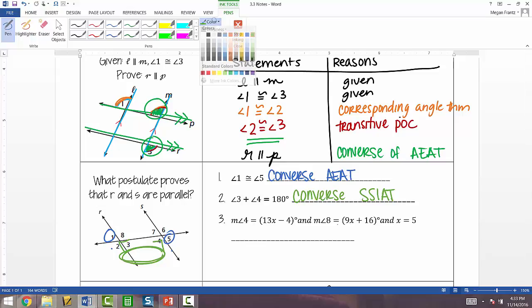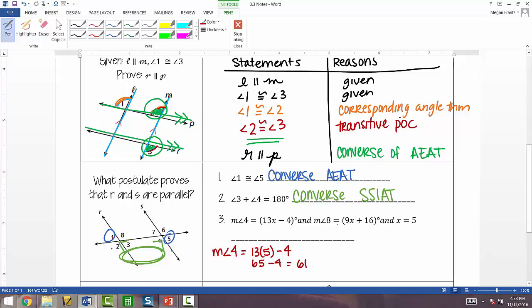Now this one's a little trickier because I tell you some stuff. The measure of angle 4 is this, the measure of angle 8 is this, and I tell you x equals 5. So all we got to do is a little work and plug stuff in. So the measure of angle 4 is going to be 13 times 5, take away 4. 13 times 5 gives you 65. If you take away 4, you end up with 61 degrees.